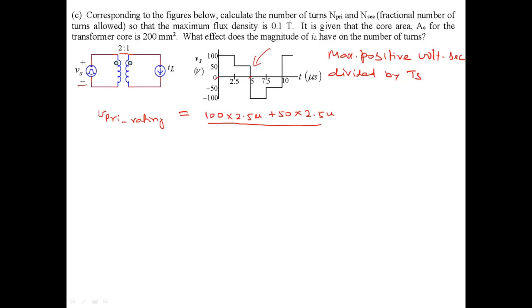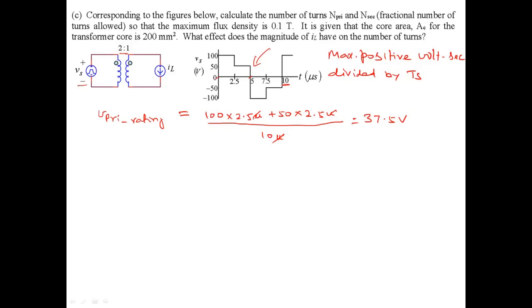That's the positive volt seconds applied, divided by the total period, which is the full 10 microseconds. The micros cancel, and this comes out to be 37.5 volts. That is the primary winding voltage rating per our definition.